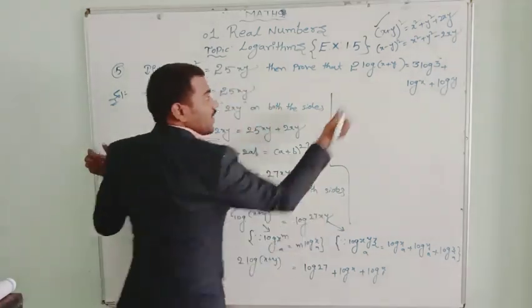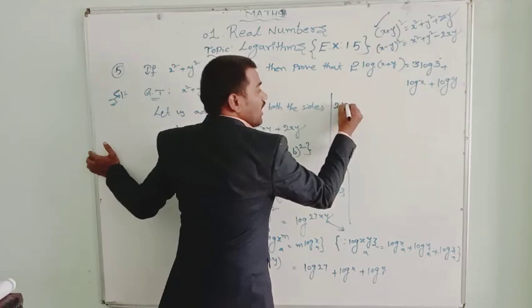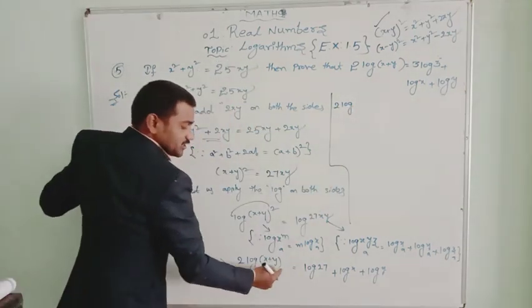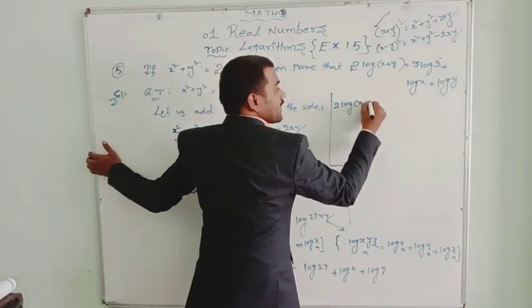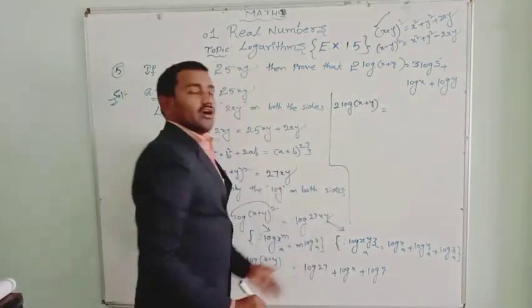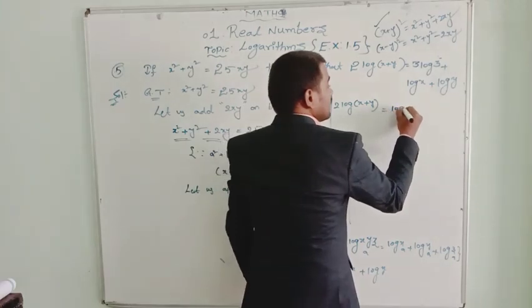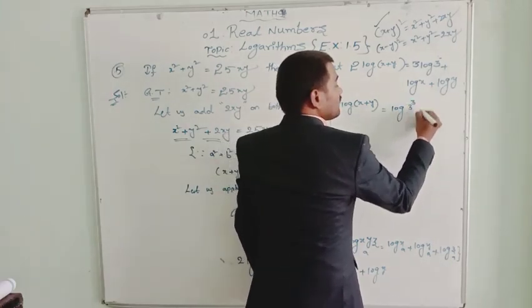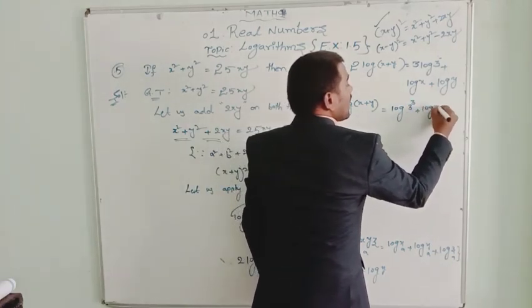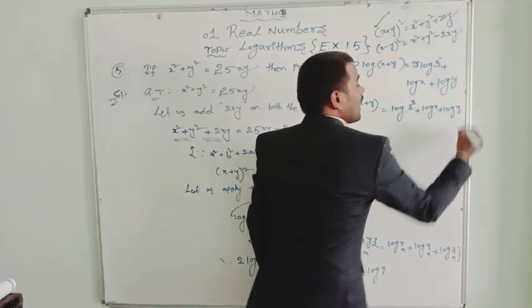On the LHS we already have 2 log of x plus y. Now we need the RHS: 27 we can write as 3 cube, so log 3 to the power of 3 plus log x plus log y.